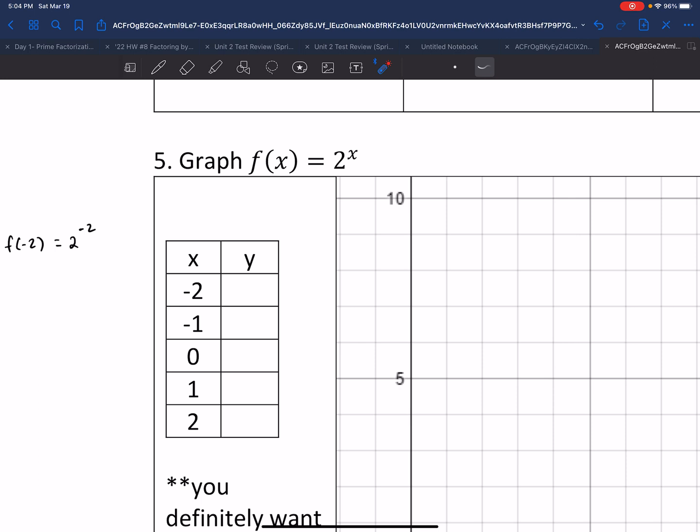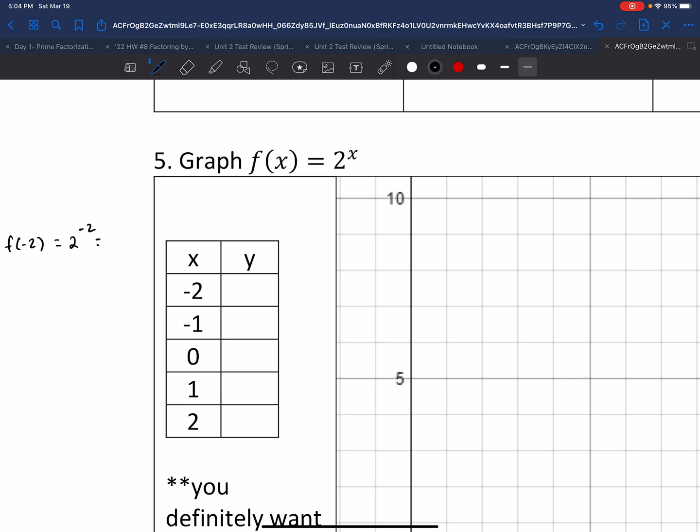So let's take a look at this. We see 2 to the negative second power here. Using our exponent rules, if we have a negative exponent, that means that we're going to have to flip, or move it to the other side of the imaginary fraction bar.